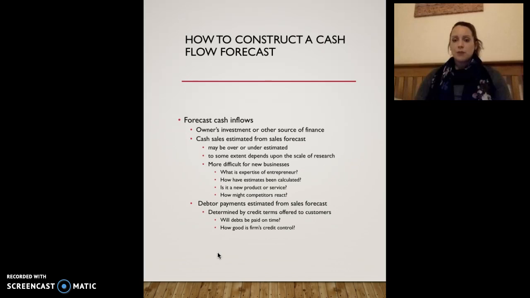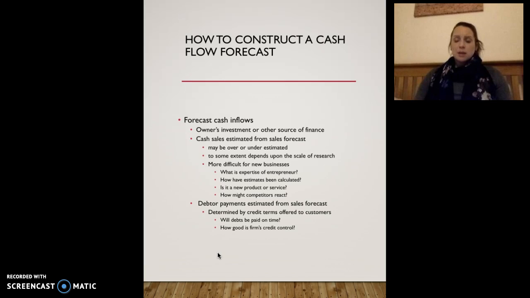I certainly found it very difficult to predict how much my cash flow was going to be in those early stages. But you really do need to spend some time researching this. Maybe get a business mentor or have a look at similar businesses and see what their cash inflows and outflows are. And it would be really good for you just to benchmark what you think your costs are going to be against another business of a similar scale.